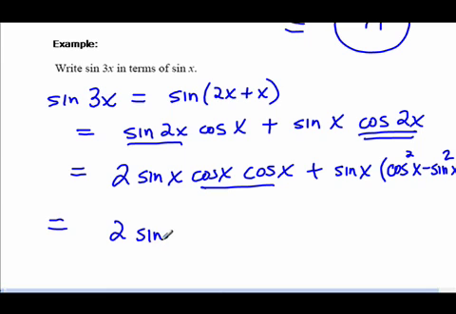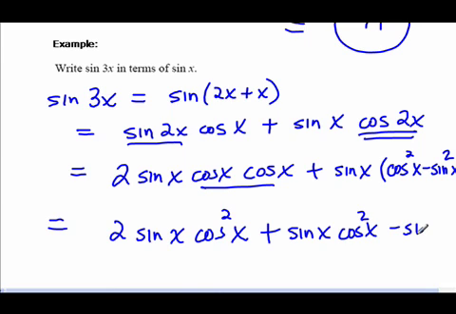So we have 2 sine x cosine squared x. On the right hand side of the plus, we'll go ahead and use the distributive property. So we're going to have sine x times cosine squared x minus sine cubed x.